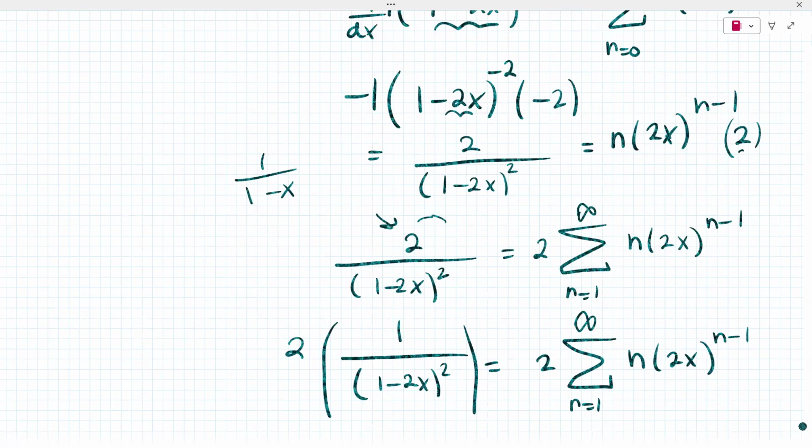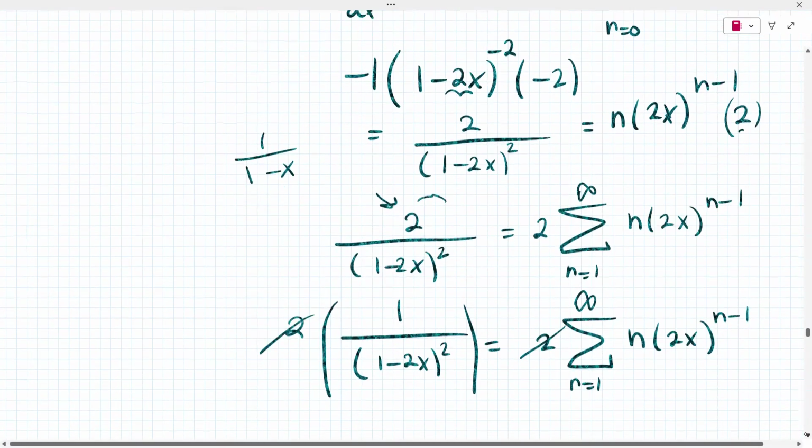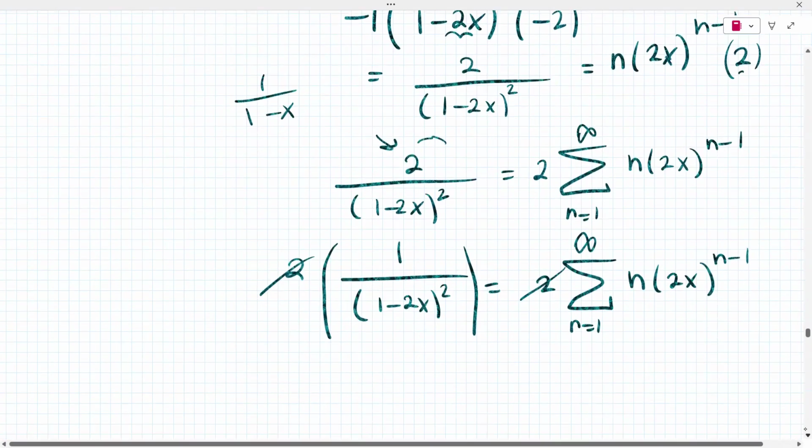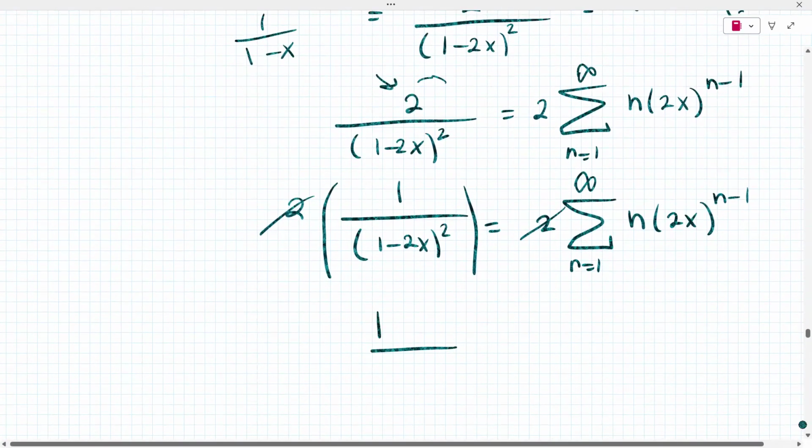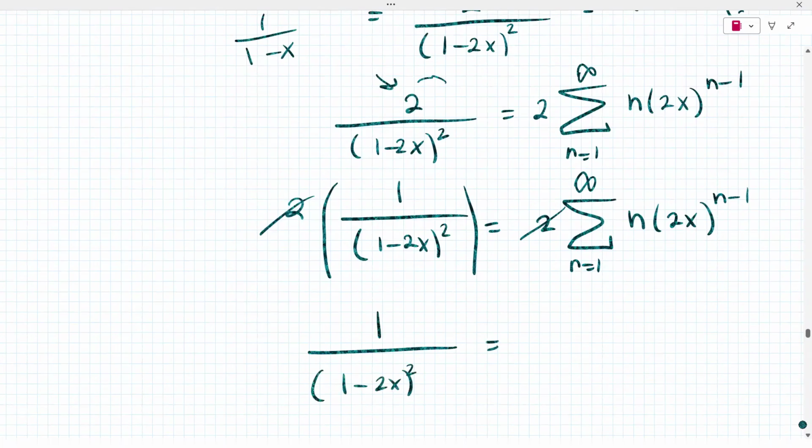Let's see what happens. Do you see these two? You could divide each side by 2, and then that will get rid of the 2. So now you're left with 1 over (1 minus 2x) squared equals the summation to infinity of n times (2x) to the n minus 1.